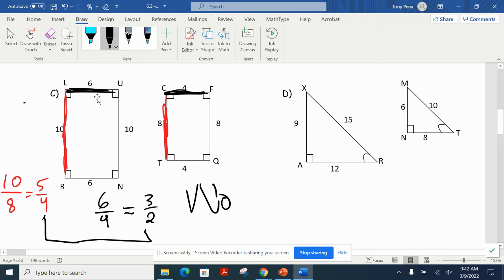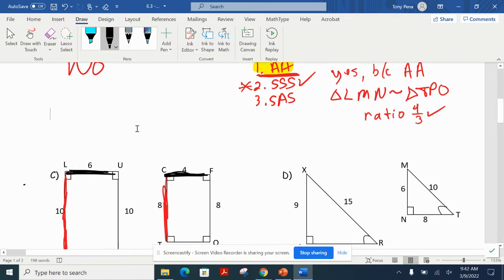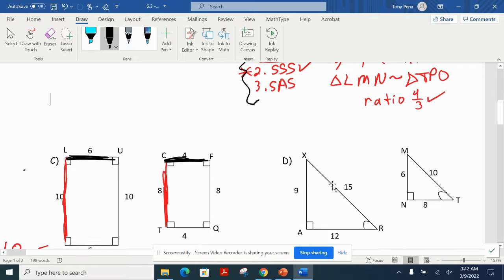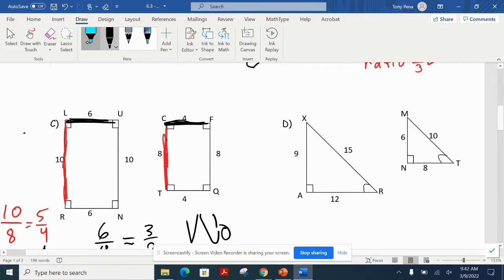All right, letter D. Again, it is two triangles, so we don't have to worry about every single angle and every single side. If we can identify any of these three ideas here and confirm that two sets of corresponding angles are congruent, or all the sides have the same ratio, then we can do this a little bit quicker. So when we look at this, for sure, those 90-degree angles are congruent.